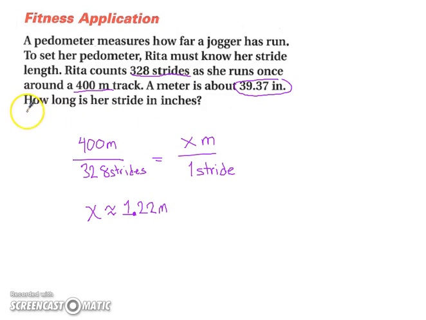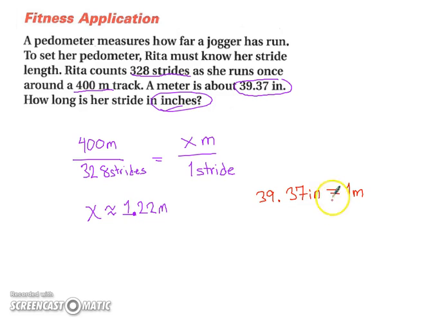Well, they wanted to know how long her stride is in inches. So now we need to change our meters to inches. Well, let's start with the common fact that 39.37 inches is the same thing as saying 1 meter.